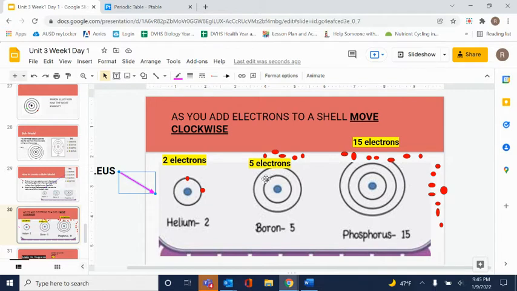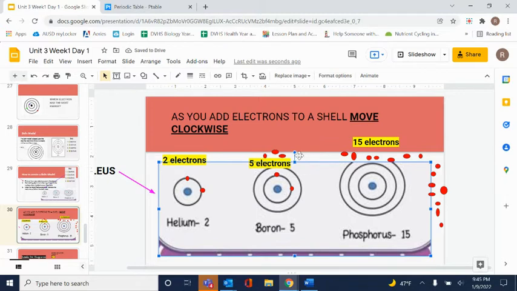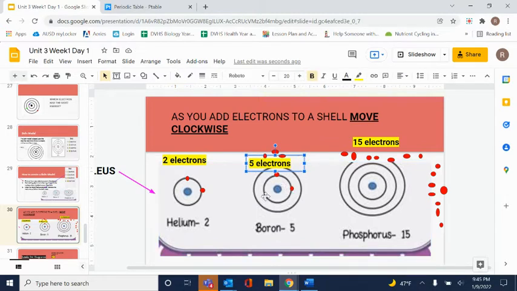You start at the first orbital, and it can only fit 2. So I need to go 1 and 2. Even though it looks like it has space left, it can only hold 2 electrons in that innermost ring. There's 3 electrons left for boron.